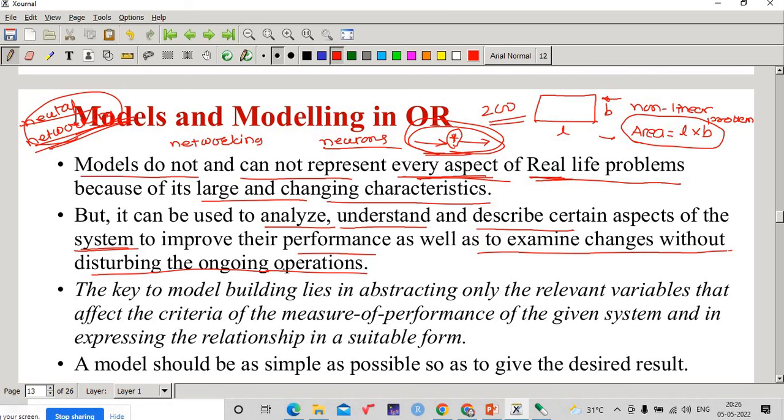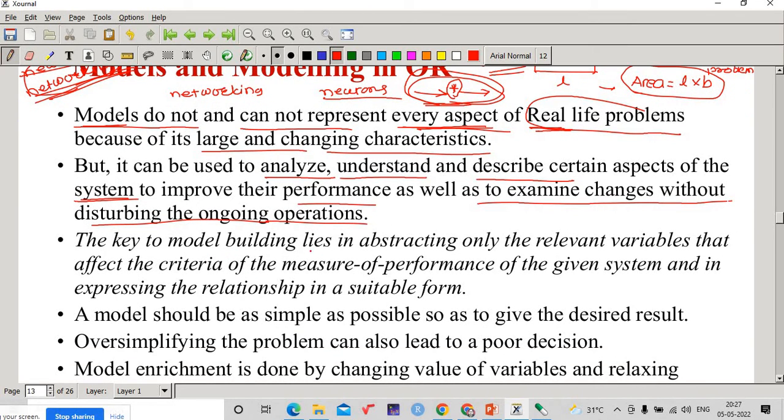So it is possible, without hampering certain complicated things in the real life problem, to address the majorly affecting and least affecting factors for that real life problem through the proper model.